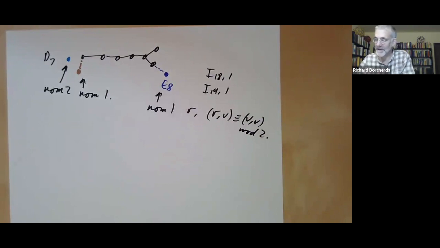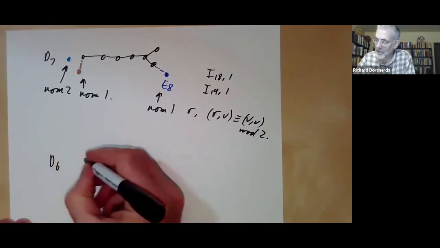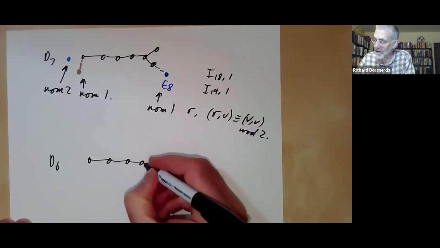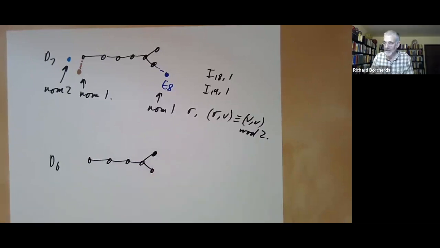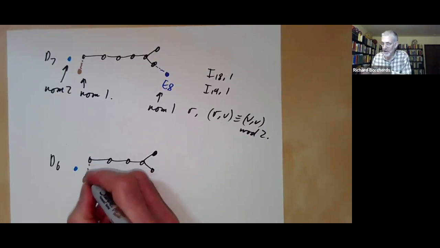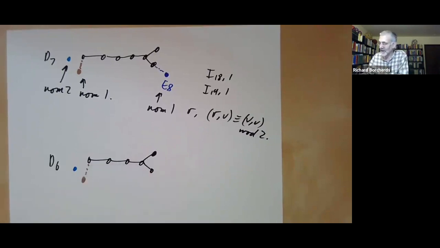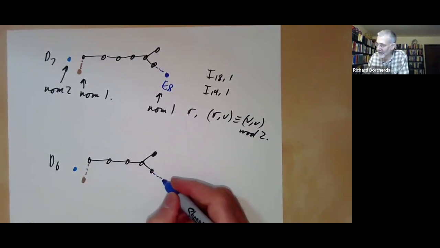And something similar happens for D6. Here we get 1, 2, 3, 4, 5, 6. So this time we can again add on a point there, or we can add on a point here, or we can add on a point here.